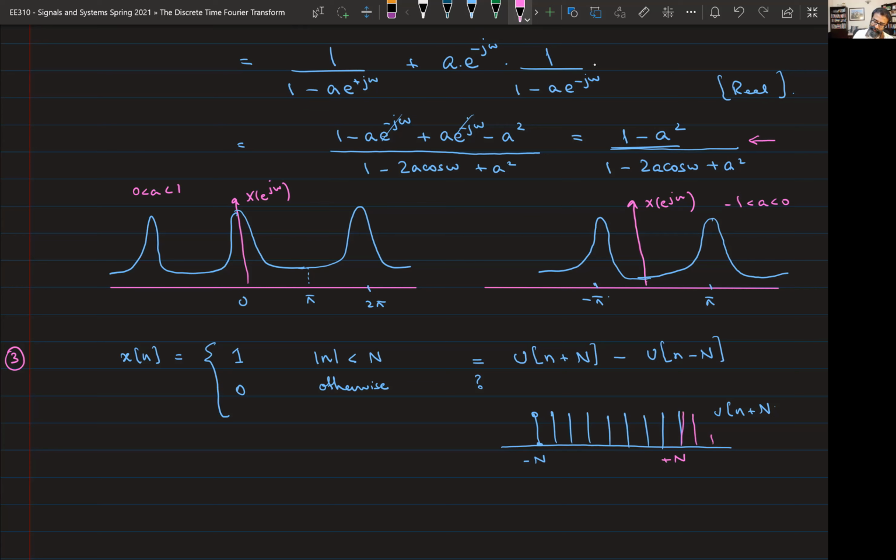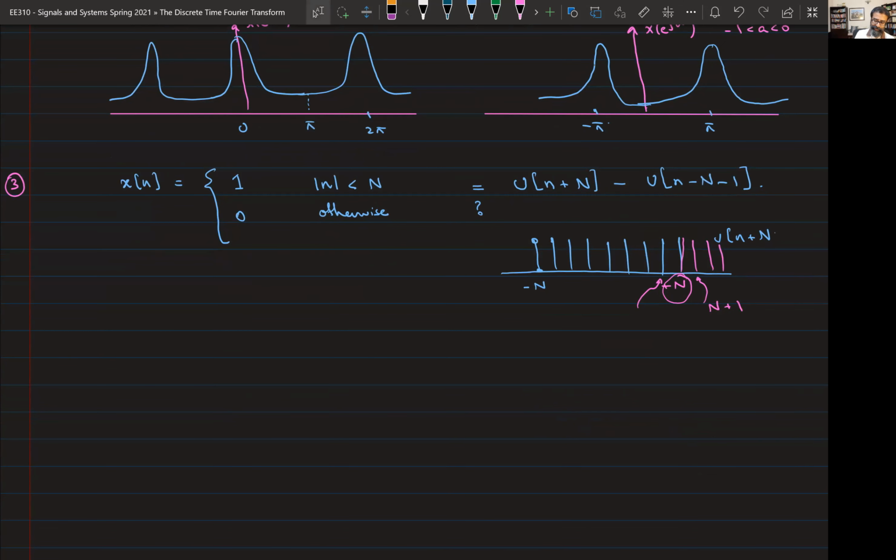When I subtract the pink from the blue, I'm going to get a flat signal which appears all the way up over here. The plus N value is going to be cancelled out, right? So essentially I should have started from here. So this should have been N plus 1, and this should have been minus 1 here. You get it?